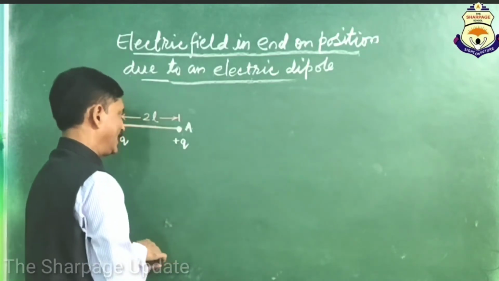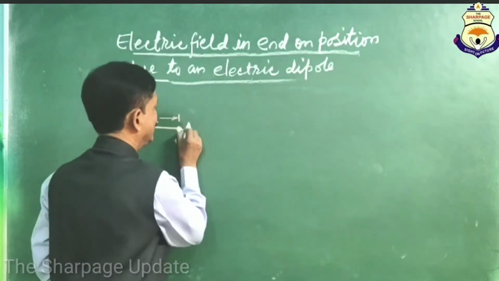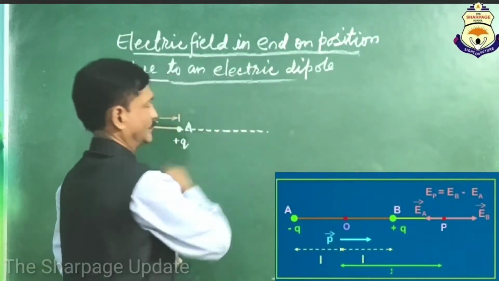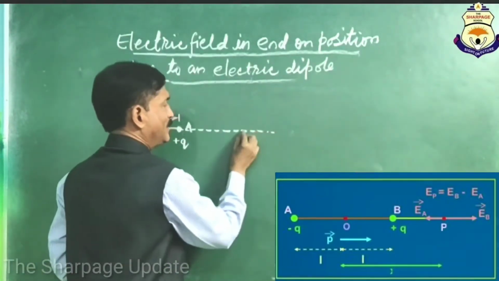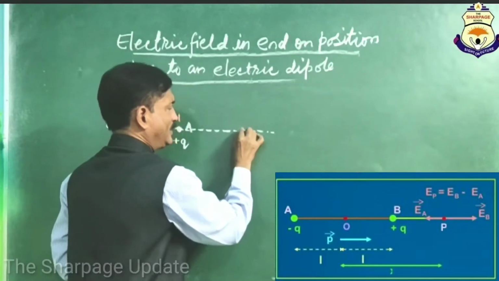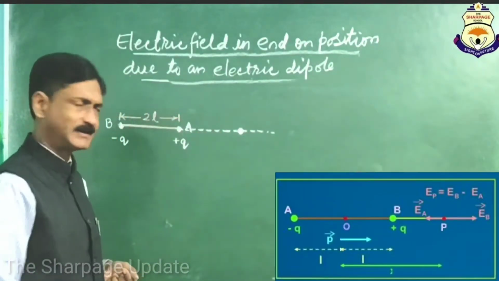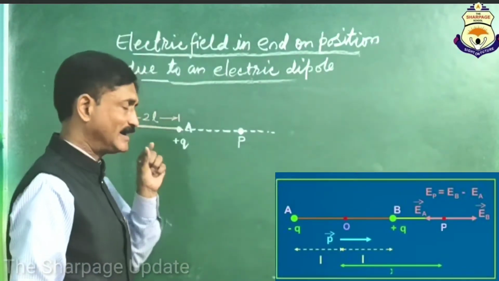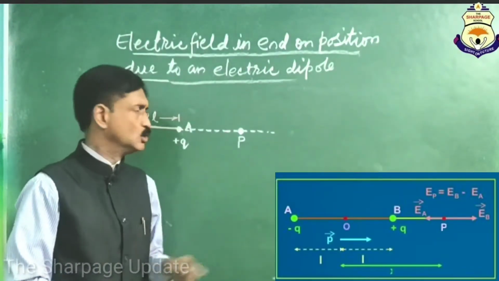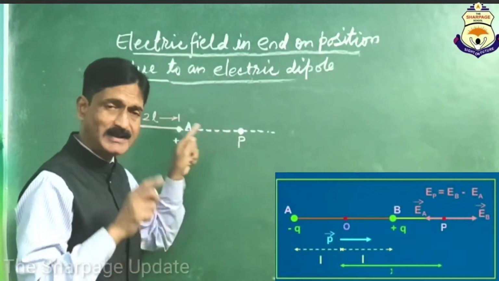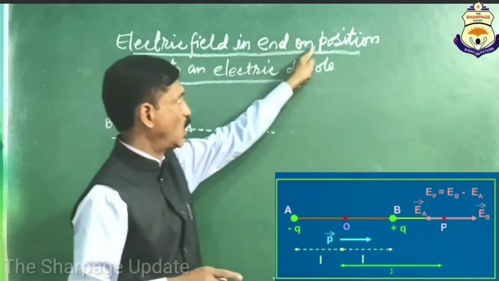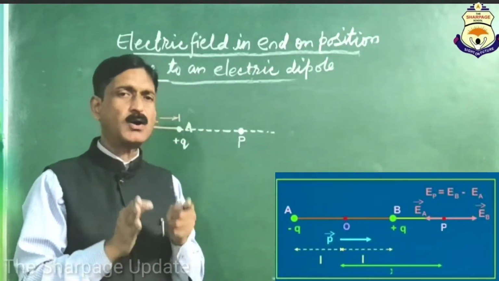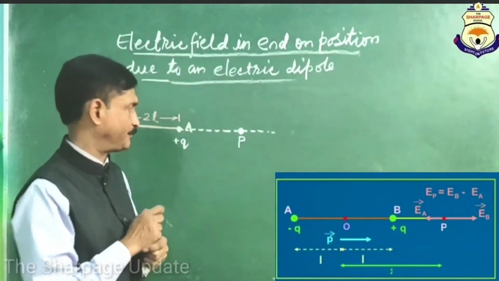Now friends, if we extend the axis of this electric dipole, let P be a point on the axis of this electric dipole where we have to find the intensity of electric field. So the position of this point is known as end-on position or axial position or longitudinal position.